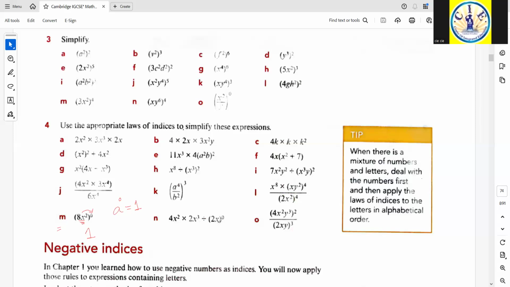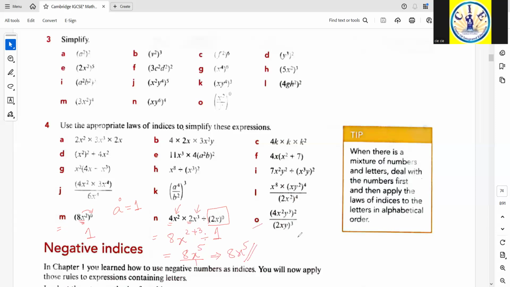In this case now, this portion will give us 1, and in this case 4 times 2, that is 8, and then x raised to power 2 times x raised to the power 3. In that case the powers are going to be added, so this is to be divided by 1, simplifying it to 8x raised to the power 5 divided by 1, or 8x raised to the power 5. That is its answer.